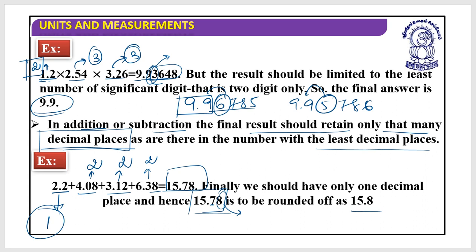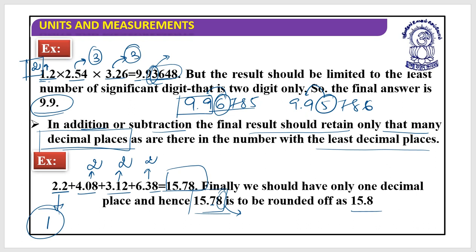Okay, so let's summarize. When we are performing addition or subtraction, we check the number of decimal places for each number. The answer should have the same number of decimal places as the number with the minimum decimal places.